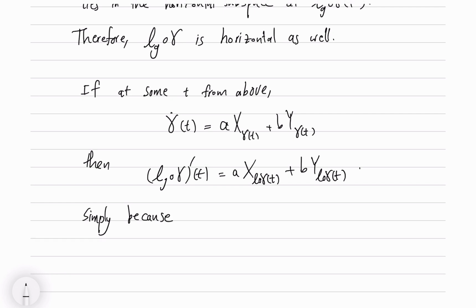Here it's not important that a and b are variables. This is happening after we take the derivative, and the reason is because dL_G applied to X at gamma(t) is equal to X at L_G composed with gamma(t). This is just the definition of left invariance of the vector X, and similarly for Y.